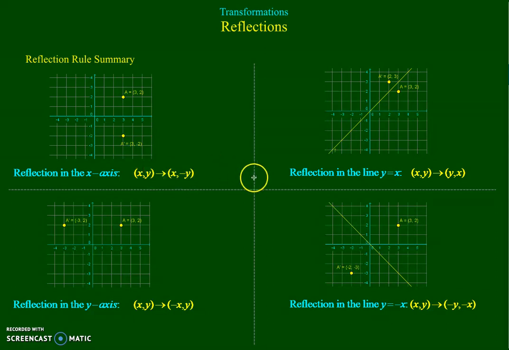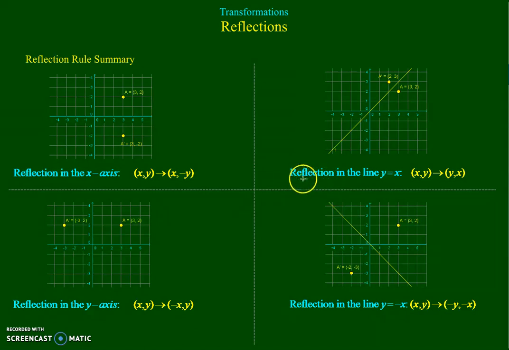When we did a reflection in the y-axis here, point A went along this perpendicular line. And so we see that in this case, the x-coordinate went negative and the y-coordinate stayed the same.